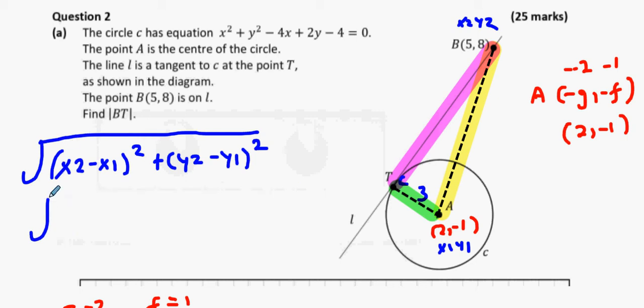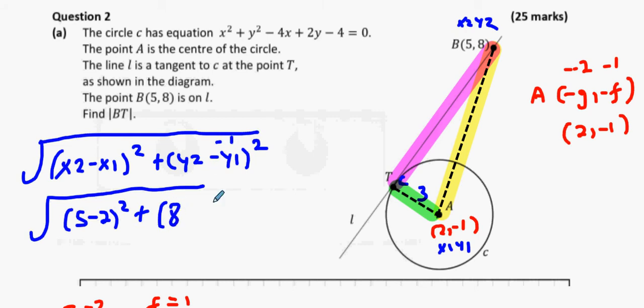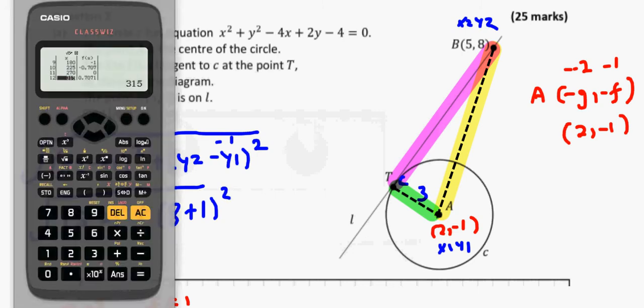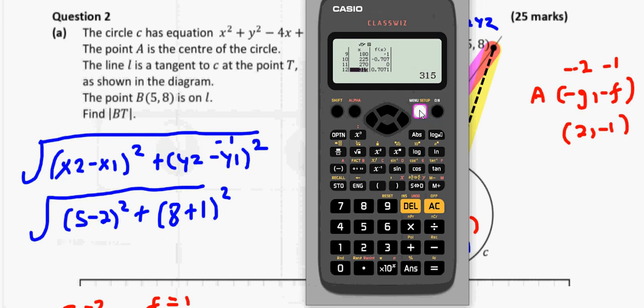We're going to get 5 minus 2 squared, and then 8 minus minus 1. So minus minus 1 is plus 1, squared. Put all that into the calculator. Don't really mess around too much with this. So we're going to get 5 minus 2 squared plus 8 plus 1 squared, and we get 3 root 10.